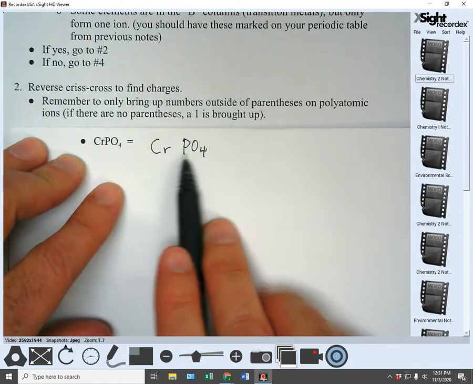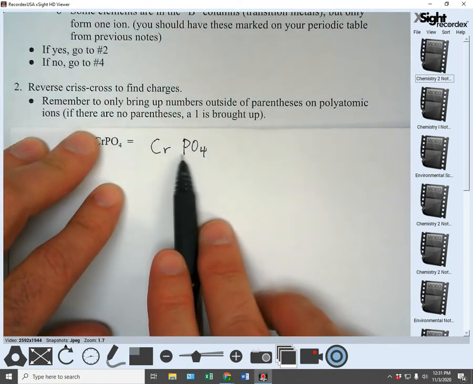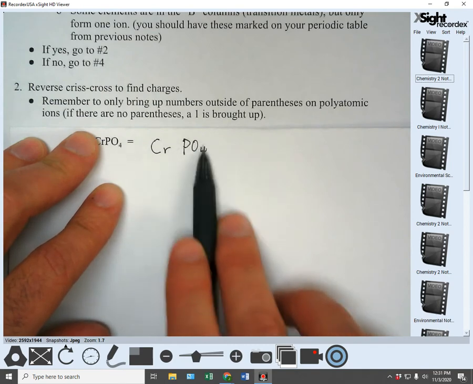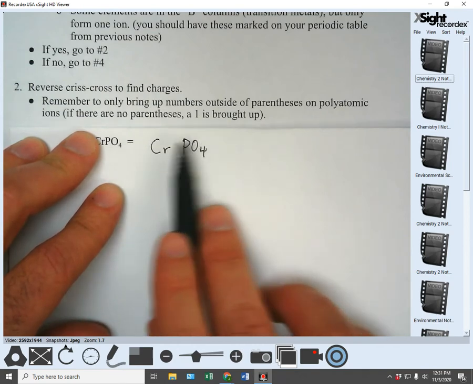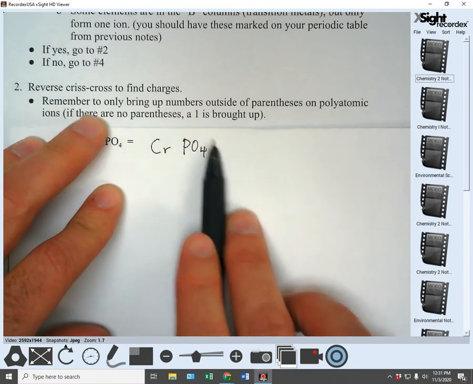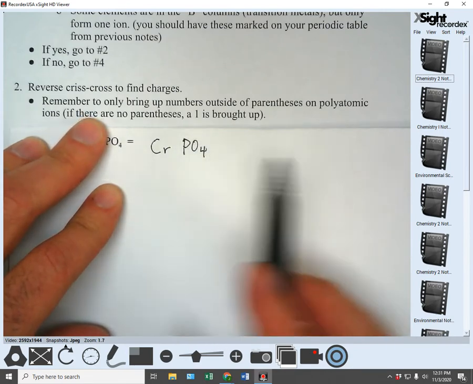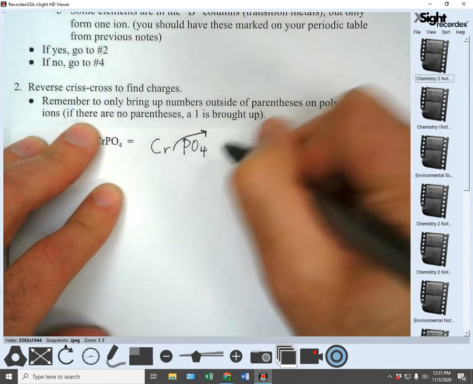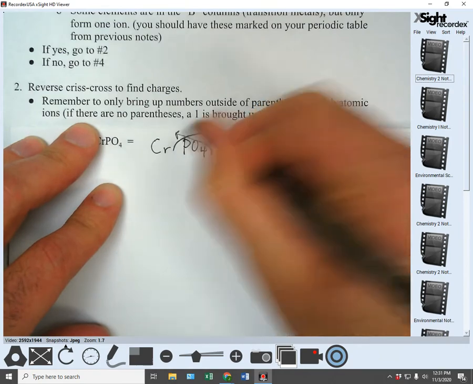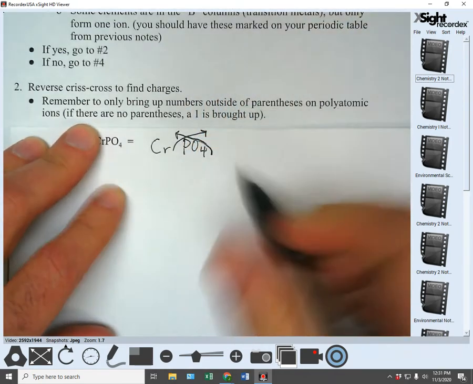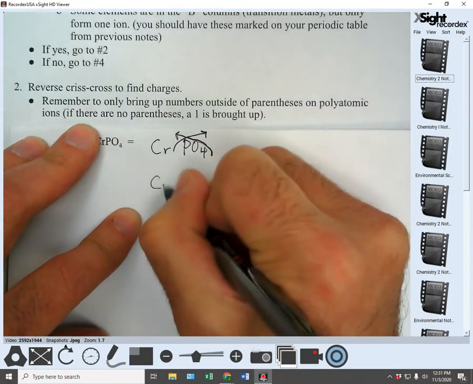The reason we know this is because we have a polyatomic, more than one capital letter, which means we have more than one element. If the 4 would have come down, it would have been outside of parentheses. But since it's not, we know that it was already part of this. So when we are undoing the crisscross, if it's a polyatomic and there's no parentheses, we're just bringing up a 1.